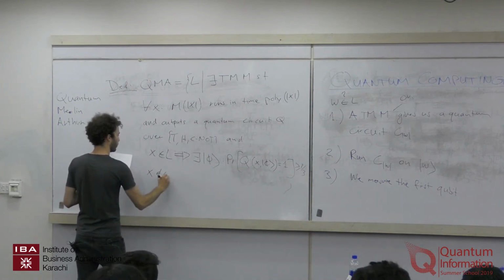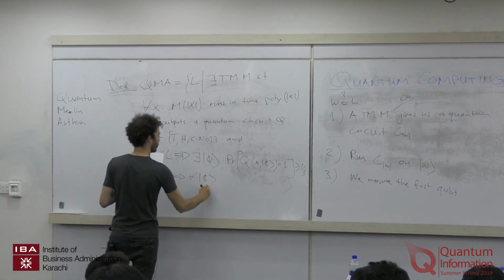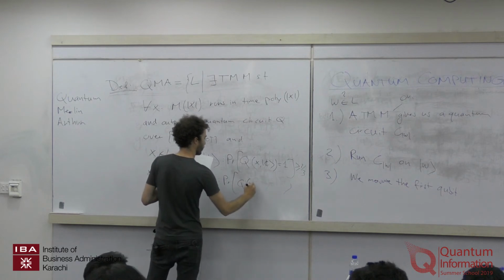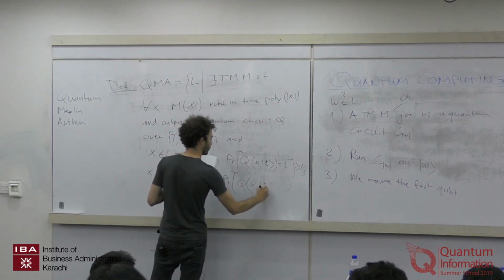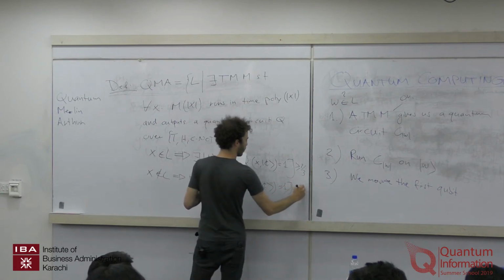And if x is not in the language, then for any choice of quantum state, the quantum circuit will output 1 with probability 1/3 or less.